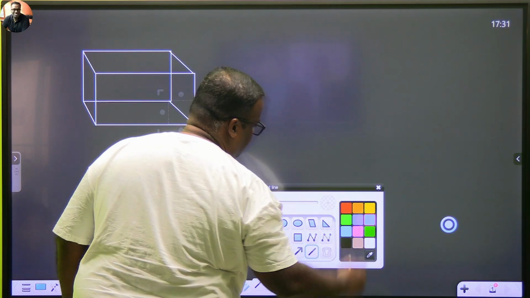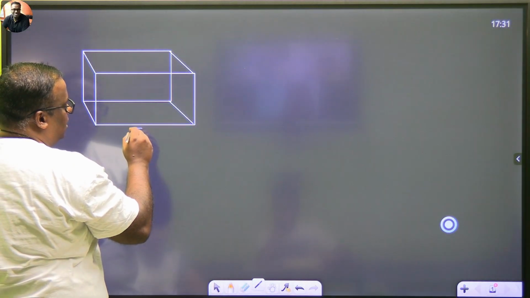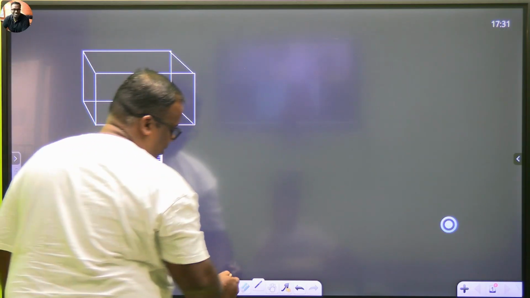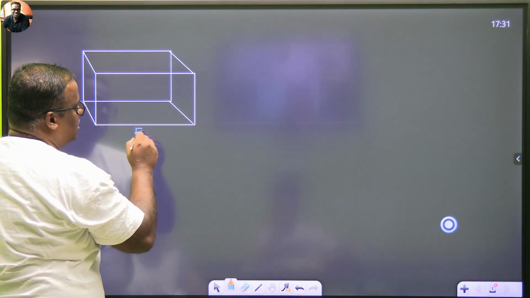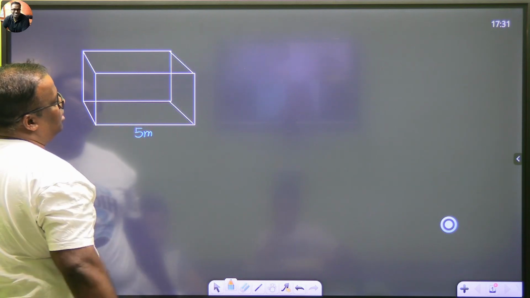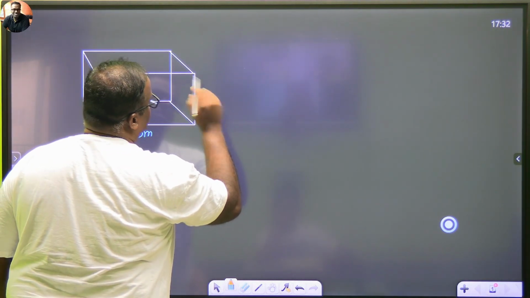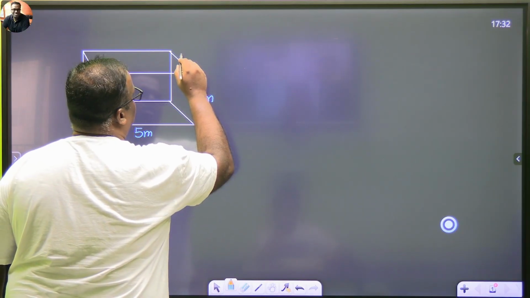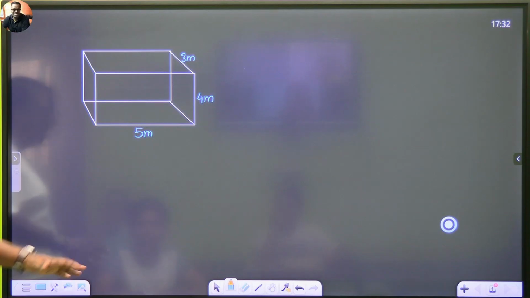So I'm just writing that this surface is, say, 5 meters. Fine, children. This surface is 4 meters, and this is 3 meters. Have you understood? Okay, right.